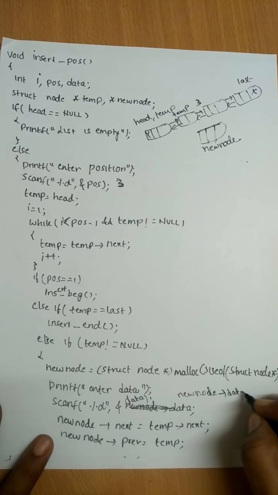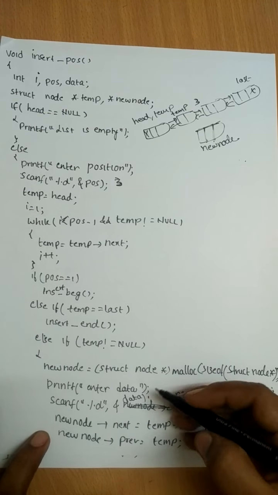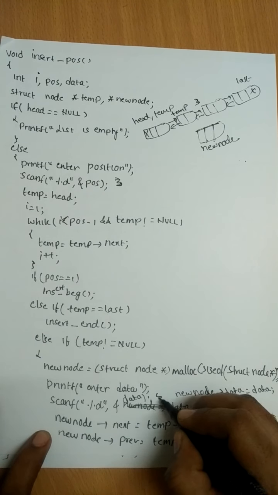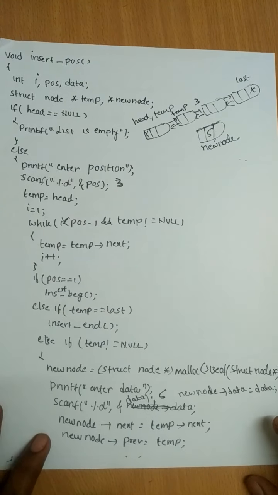New node of data equal to data. If you read the number 5, insert 5 in the new node's data part.